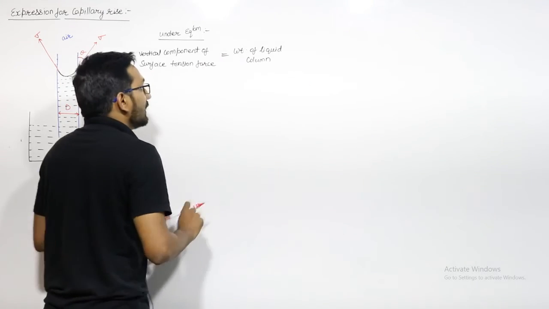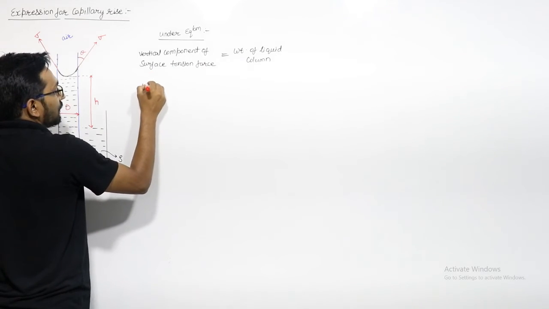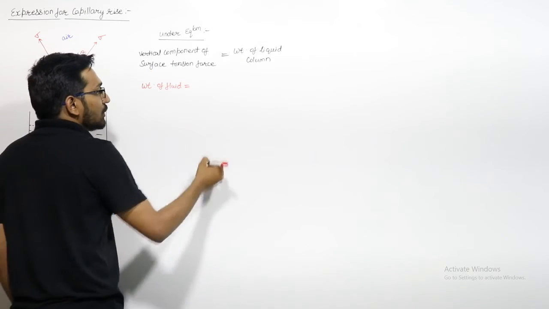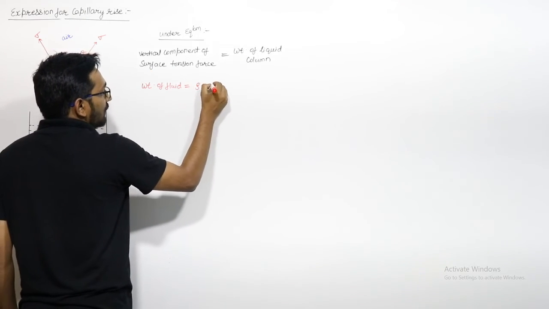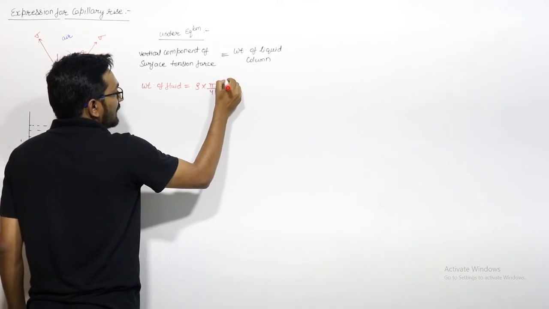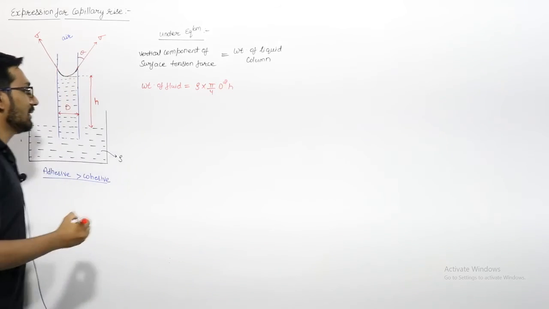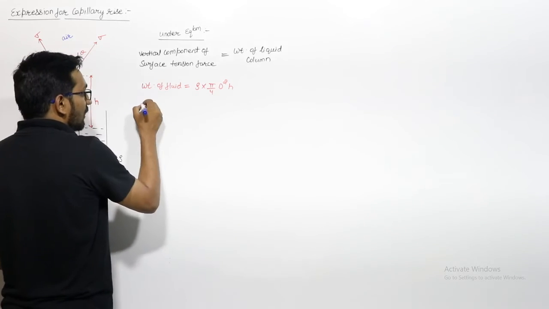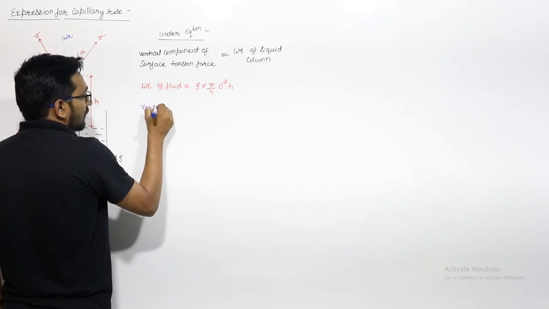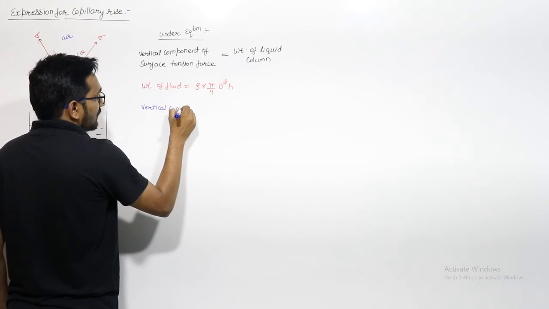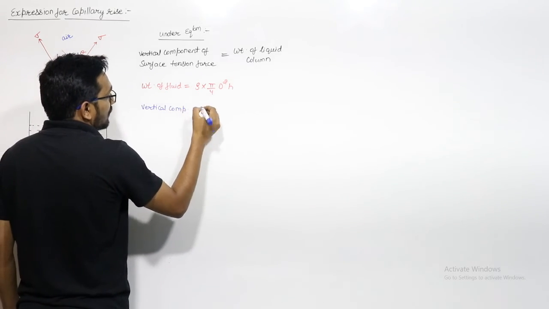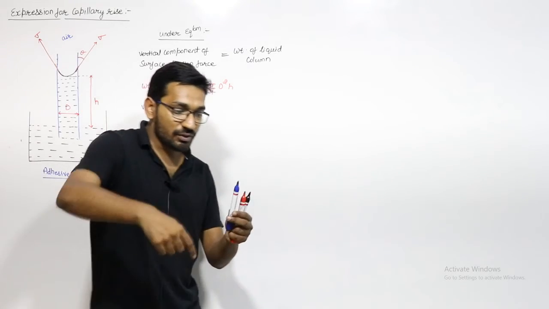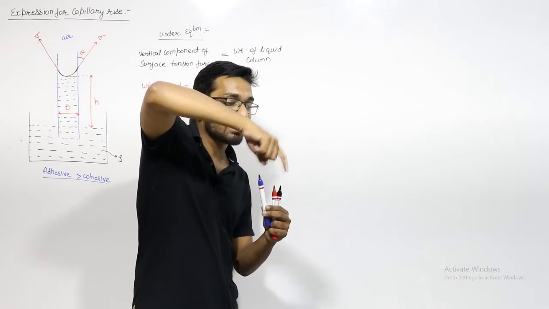What is the weight of the fluid column? Weight will be density into volume. Density is rho, and volume will be pi by 4 d square into h, since this is cylindrical and d is the diameter of the tube. And what is the vertical component of surface tension? Surface tension force is a line force acting on the complete circumference.